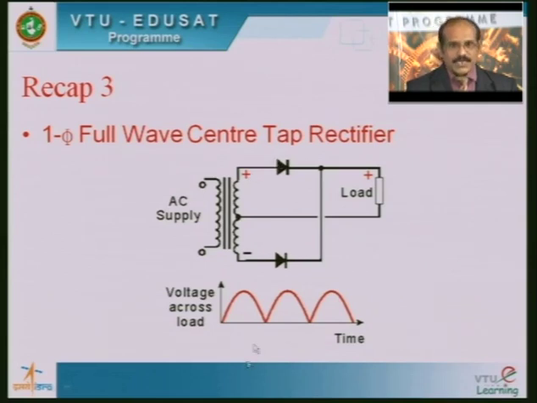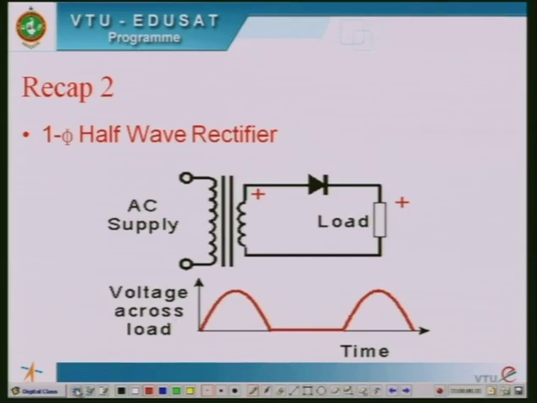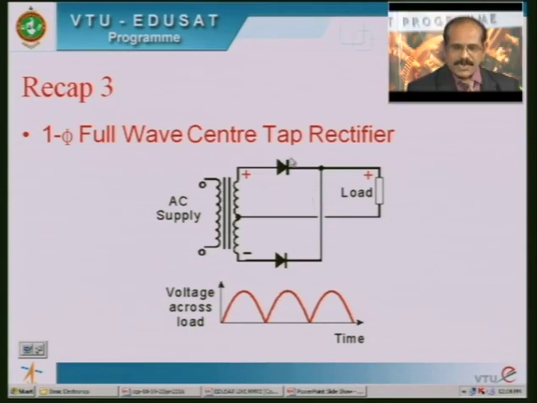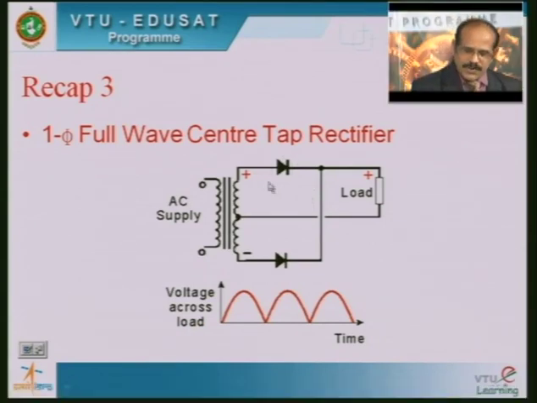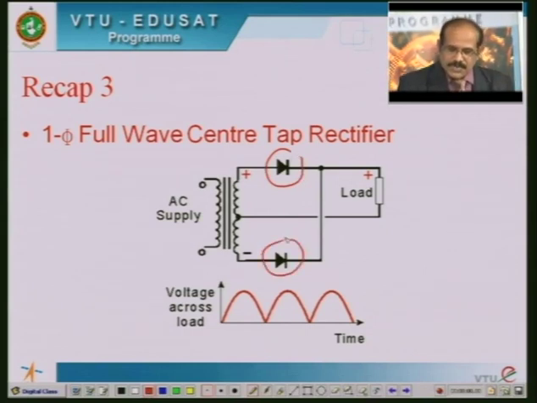So in this case, you can see friends, here it mainly consists of a diode D1 and a diode D2 here.